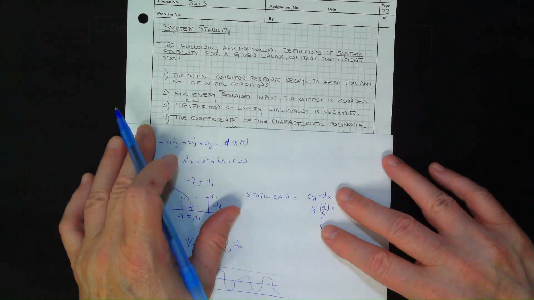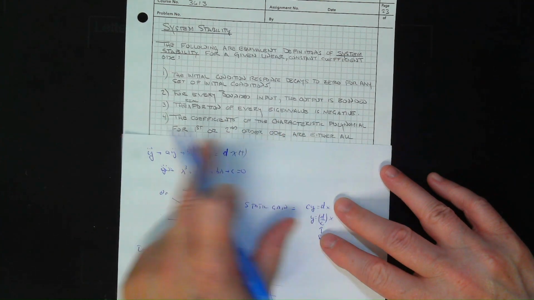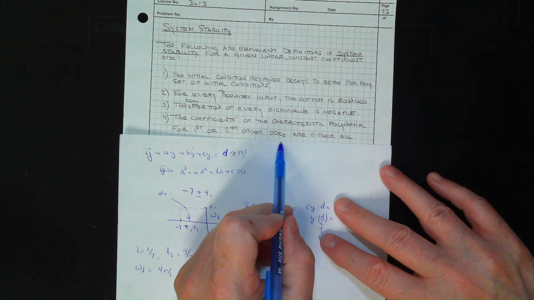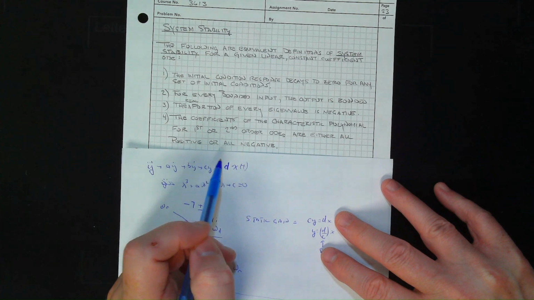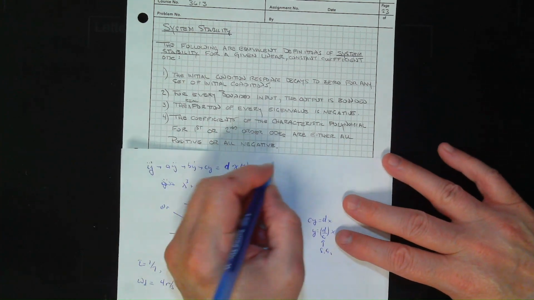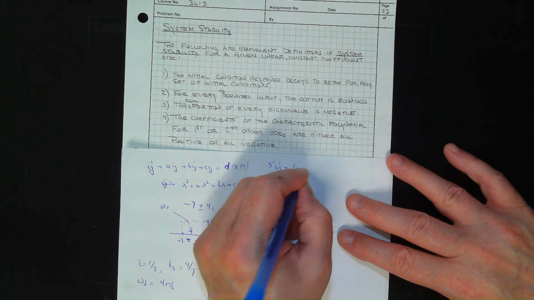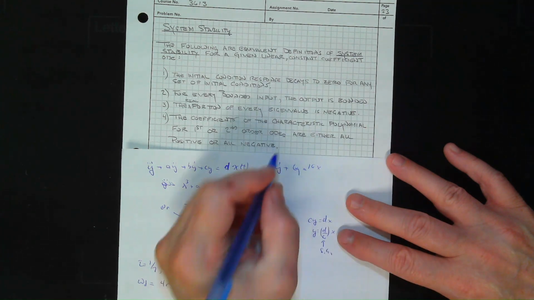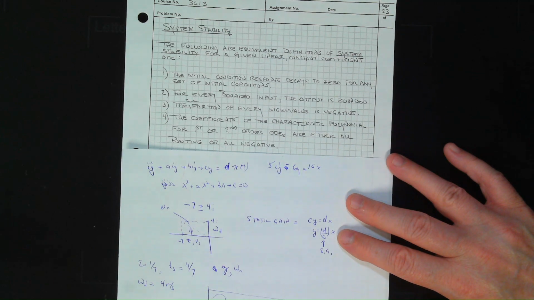Okay? And then here's another one that's kind of fun. The coefficients of the characteristic polynomial for first or second order ordinary differential equations are either all positive or all negative. What am I saying? If you have 5y dot plus 6y equals 10x, that's guaranteed to be stable. But if you put a minus sign in here, it's going to be unstable.